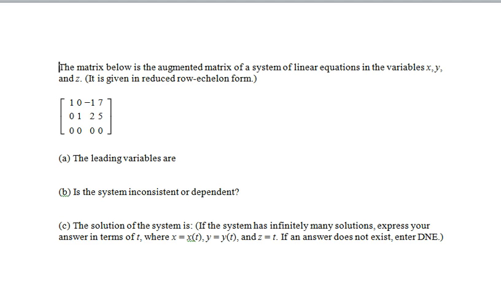The matrix below is the augmented matrix of a system of linear equations in variables x, y, and z.